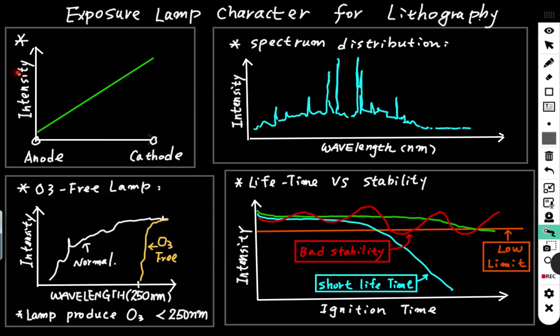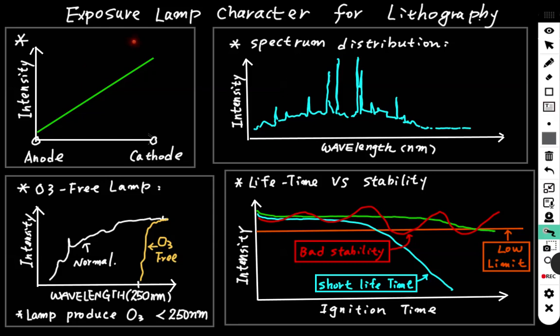This is more powerful light, and this is the distance from anode to cathode. We can see that the anode intensity is the smallest, and the intensity increases until the cathode.